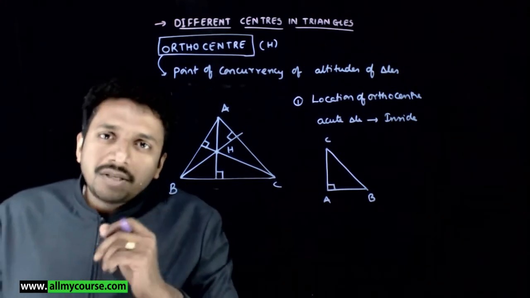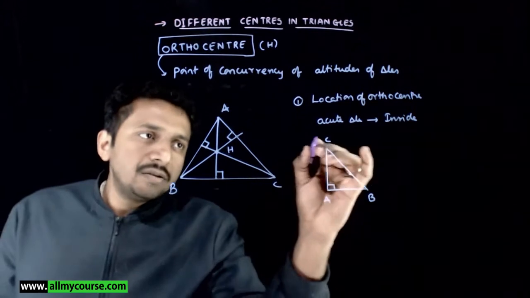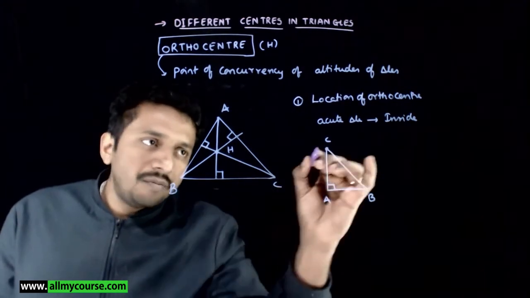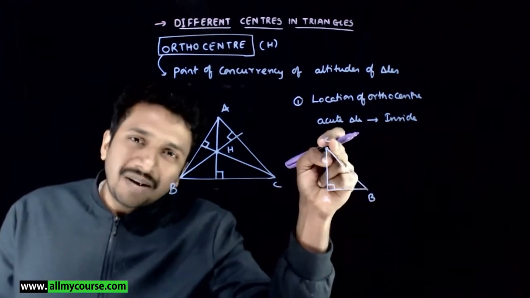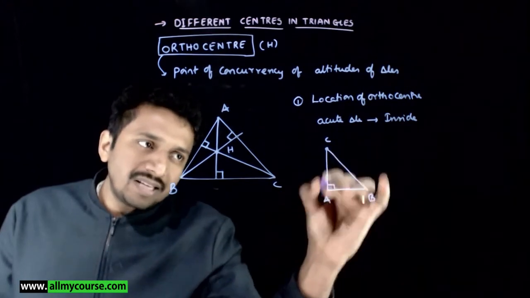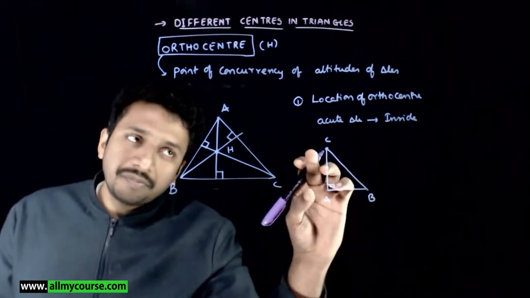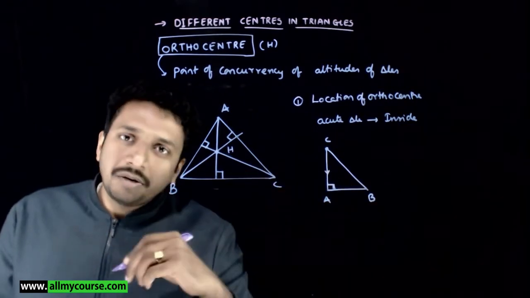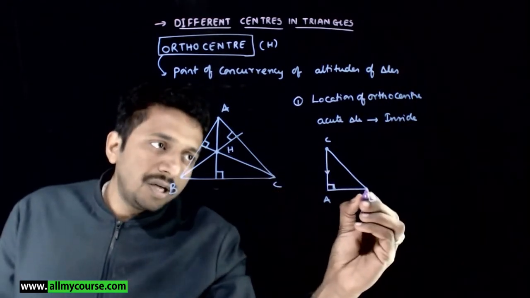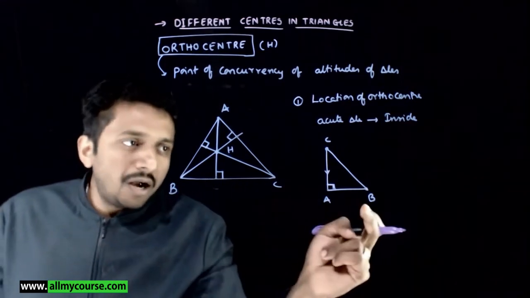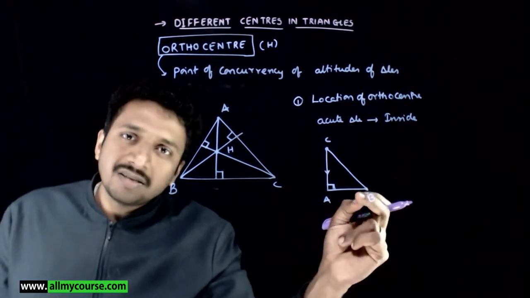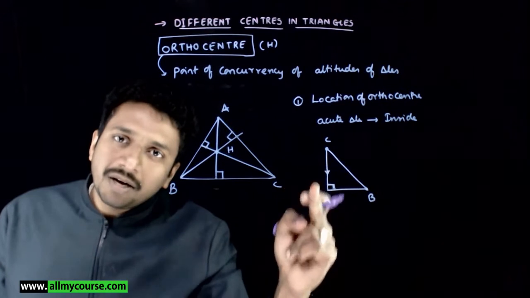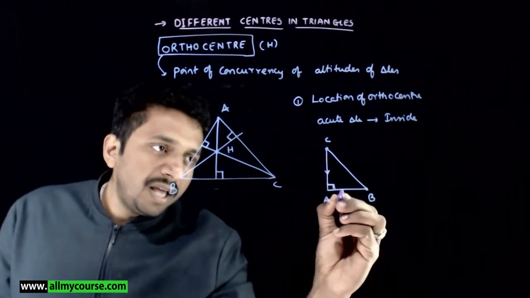So to find the orthocentre, we need to draw the altitudes. So from C, if you draw the altitude, obviously altitude means a line perpendicular to AB. So this AC itself will be the altitude. The CA is perpendicular to AB. So this is one altitude. So what is the altitude from B? The altitude from B is a line which is passing through B and perpendicular to AC, which is BA itself.